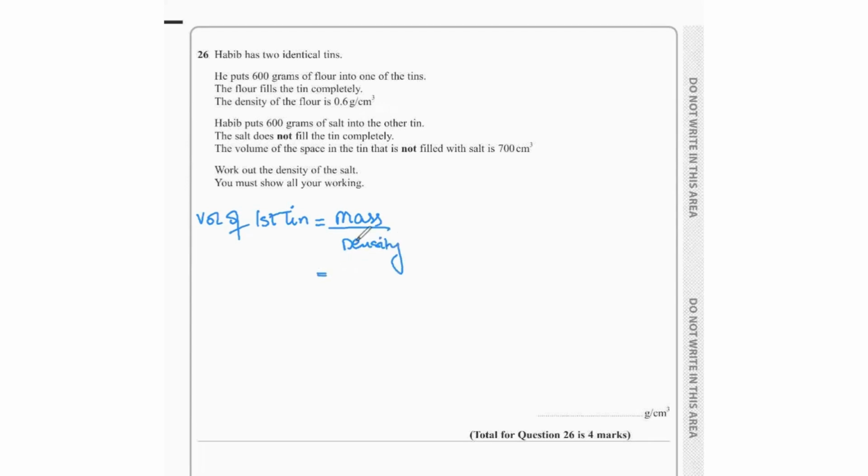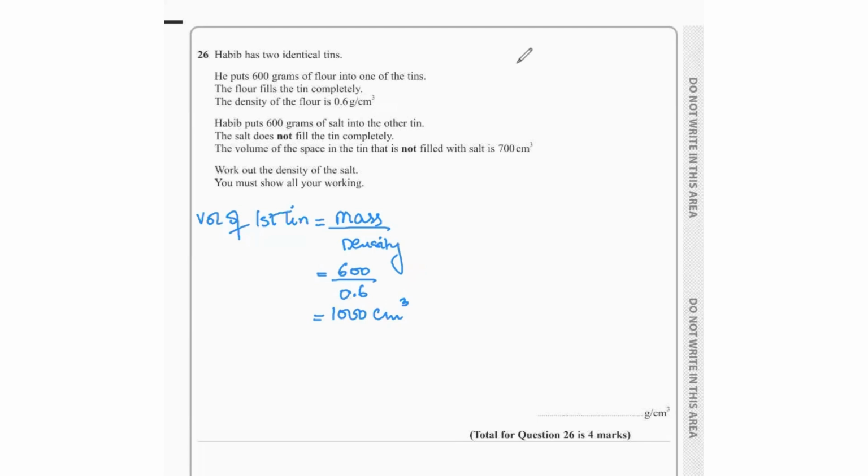So that gives us 600 divided by 0.6, and that equals 1000 centimeter cube.